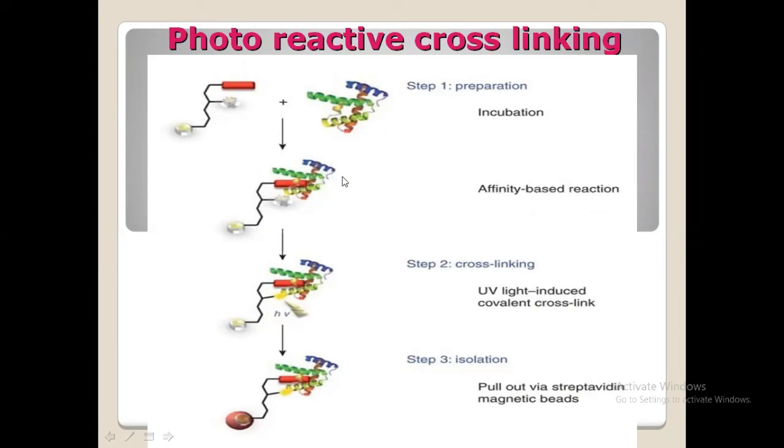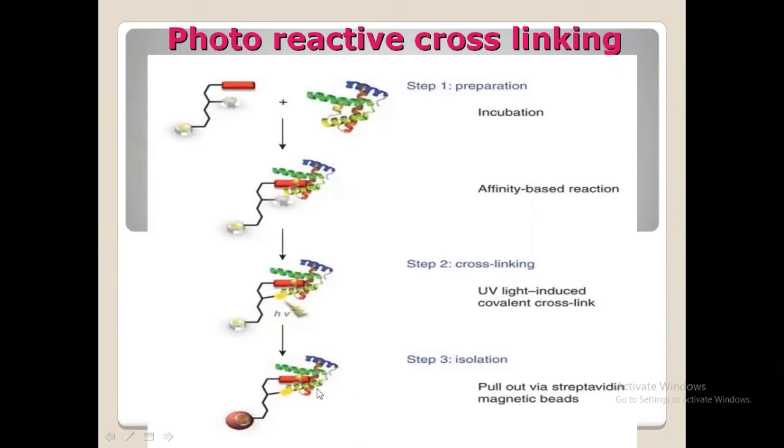Then in the second step, once the complex is formed, cross-linking is done, either with chemical or UV light induced covalent cross-linking. If UV light is used, it is photoreactive cross-linking. So h nu energy, that is UV light, is allowed to react, the cross-linking happens, and you will get a complex.